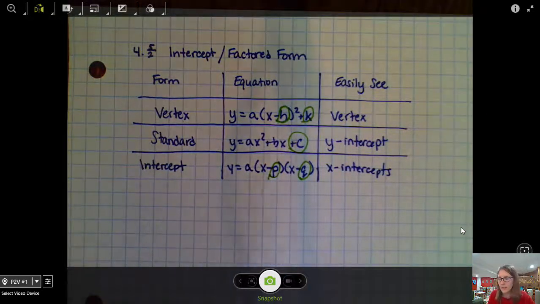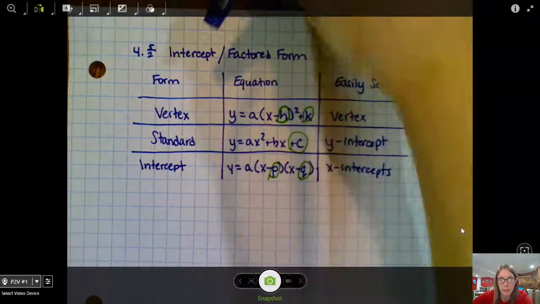Okay, let's go through an example of graphing a parabola that's in intercept form.